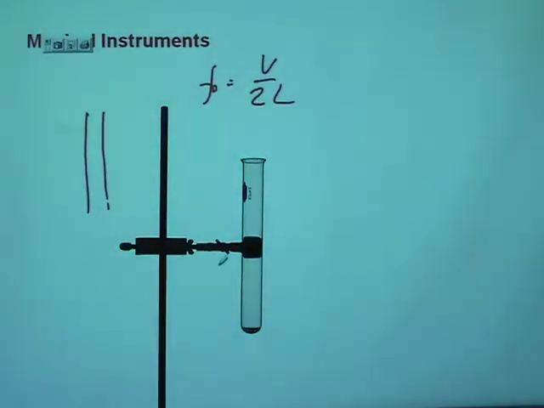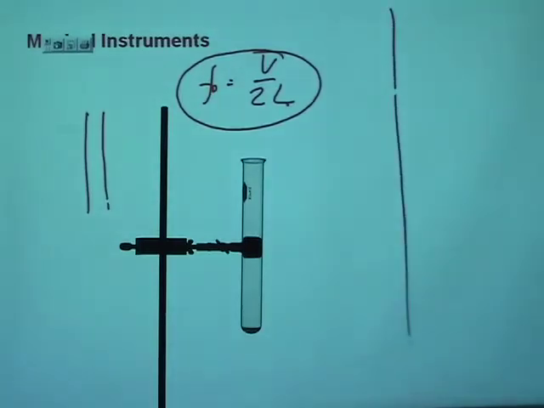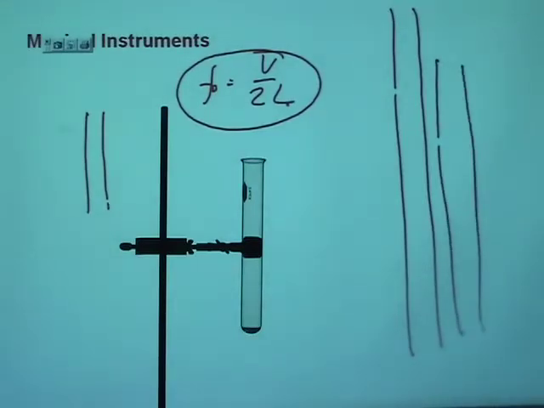So, if you use a tube, the fundamental frequency is V over 2L, which means as L increases, the frequency decreases. So if you want a very low frequency, you use a very long tube. And as you decrease the length of the tube, the frequency will increase.